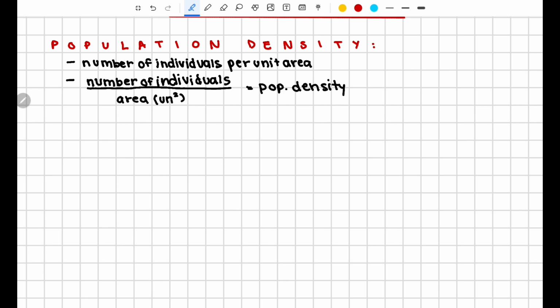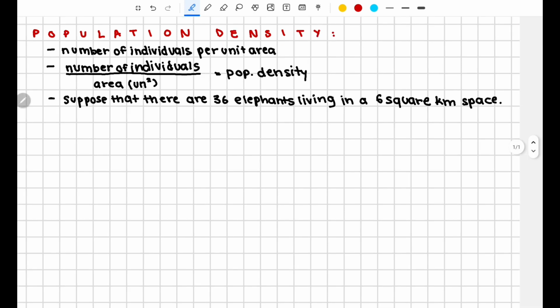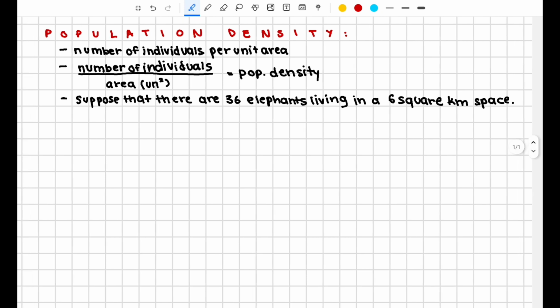But before we move on to the other two characteristics, let's do a practice problem where you have to solve the population density when given a certain amount of information. Alright, your situation is that there are 36 elephants living in a 6 square kilometer space. So that's giving you the area of the space, and you're given the number of individuals, and you're going to calculate the population density based on this formula right here.